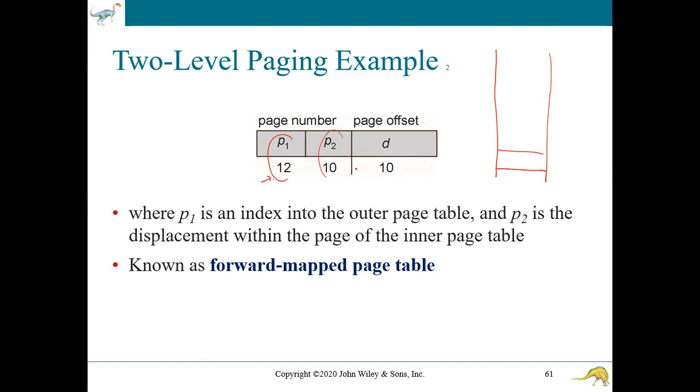And within that, these bits are going to find out exactly which entry you need to take. That is the frame number. Go to that frame number and put the offset to it, and you get the address. You understand me? Is it clear?